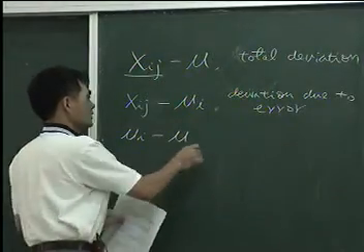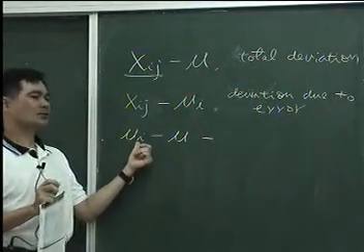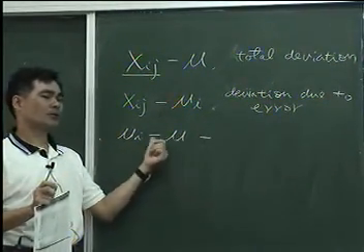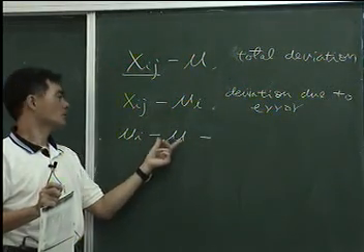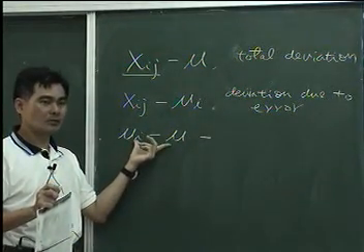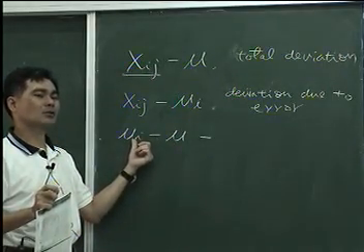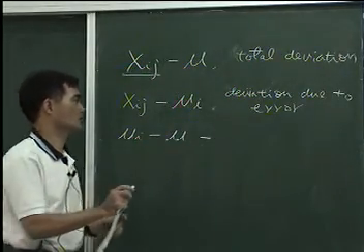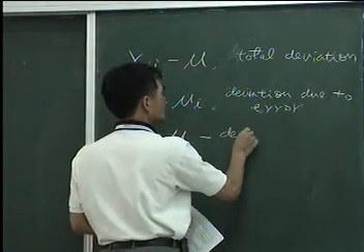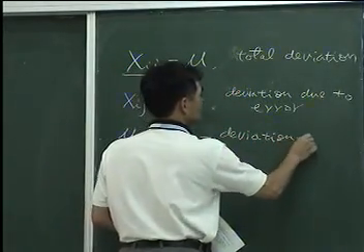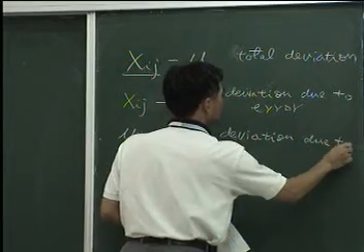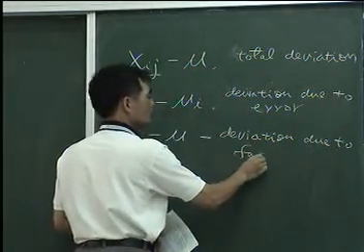And here, it is a single machine. The difference between a single machine and the whole population. So if there's any difference, we know indeed something is wrong there. So that means each machine is different from the whole population. So this is what we call deviation due to factor.